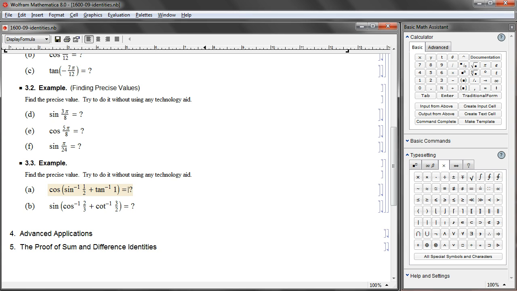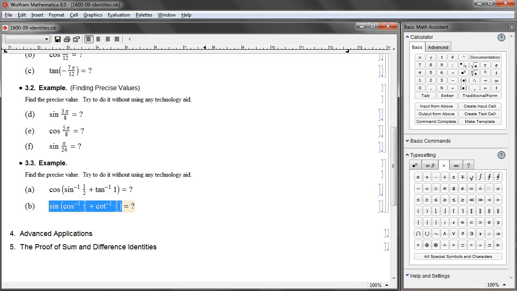Okay, let's move on to the next type of problem, but this is different. The fundamental difference here is that we don't know precisely what arc cosine of 2/3 is, and we don't know what arc cotangent of 3/2 is. We don't know that. In this case, what do we do?